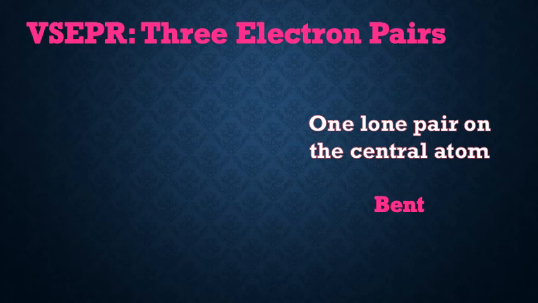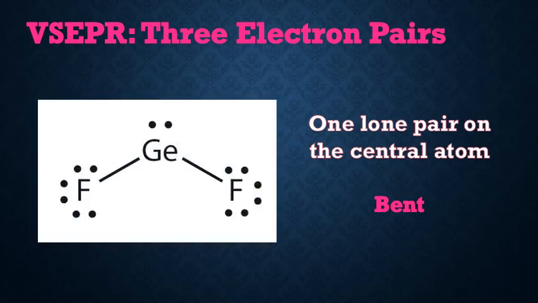Yes, you need to know the bond angle of both a linear and a trigonal planar arrangement. Now, sometimes with 3 electron pairs, remember when I say electron pairs, I mean both bonded and lone pairs together, you're going to end up with 1 lone pair on the central atom, like this molecule. So take a look at this one. It has 2 bonds, there's a bond here, and there's a bond here.